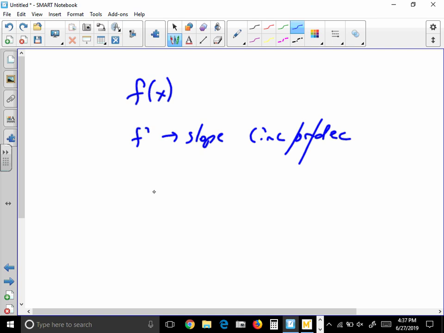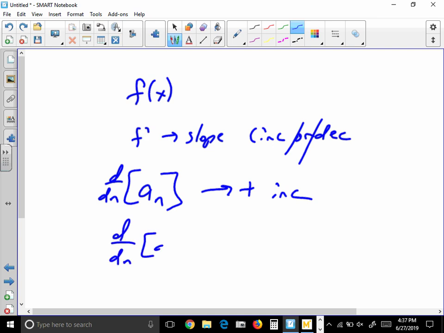So if we have a sequence, we could take the derivative of that sequence, and that would let us know whether our sequence is always going up or always going down. If that is always a positive value, then it's always going up. If we take the derivative of our sequence and we get something that is always negative, then it's decreasing.